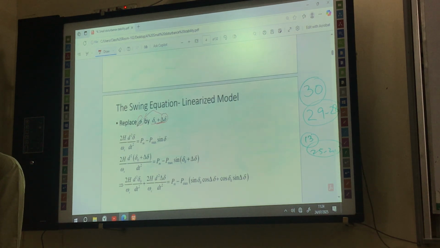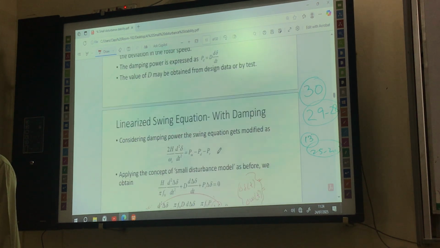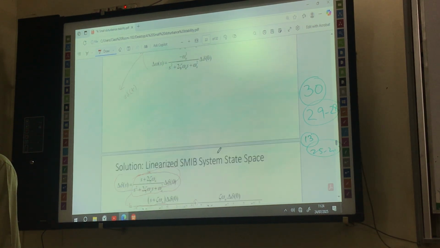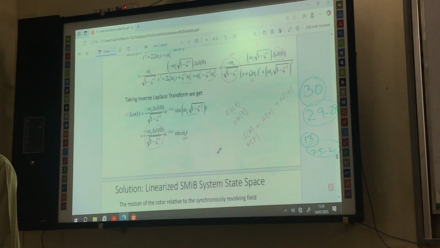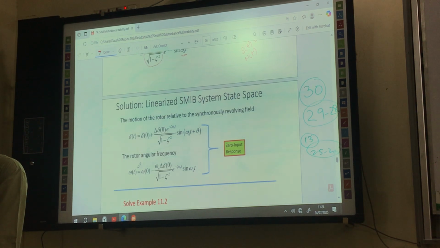Now again we have to go back to this delta. So what will be our delta value now? It should be del delta of t plus some initial condition. So look at this one. What is delta of t? This is delta of 0, the initial condition, plus delta of t. What will be the rotor angular velocity omega of t?